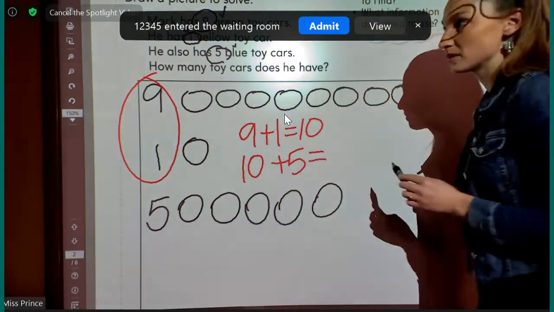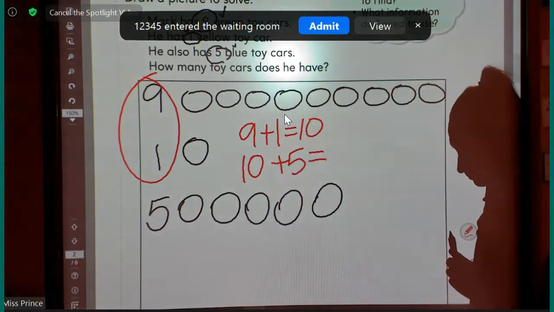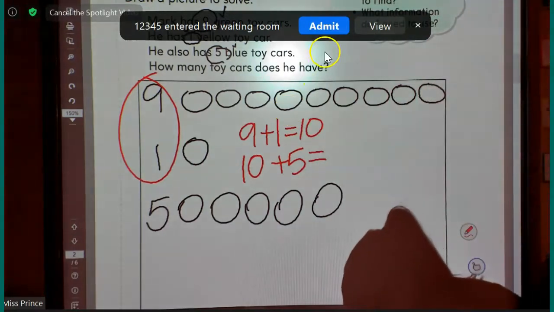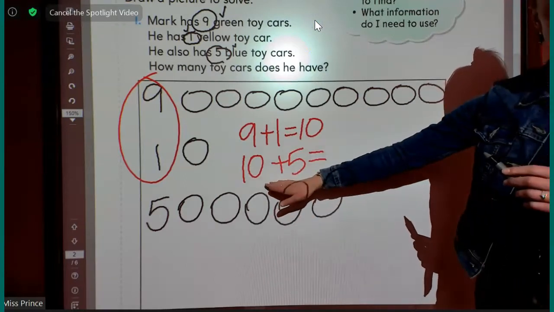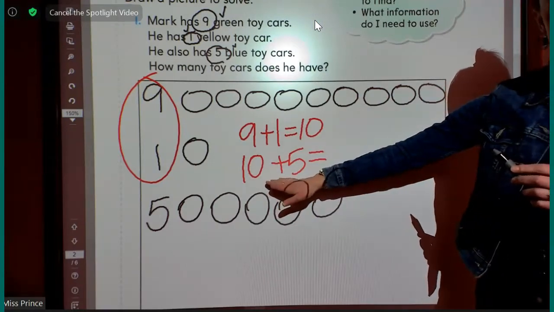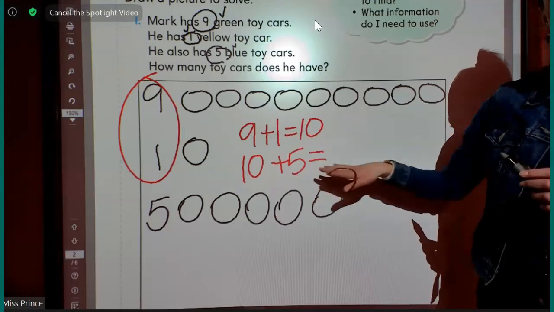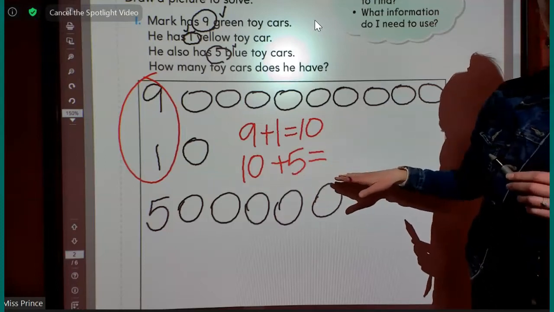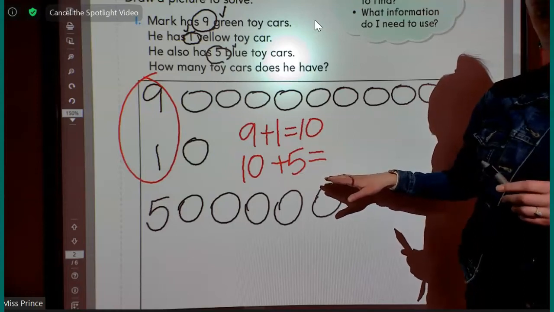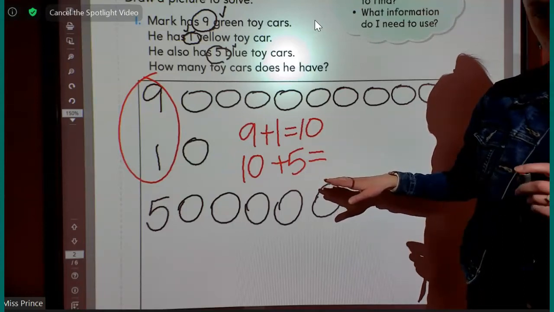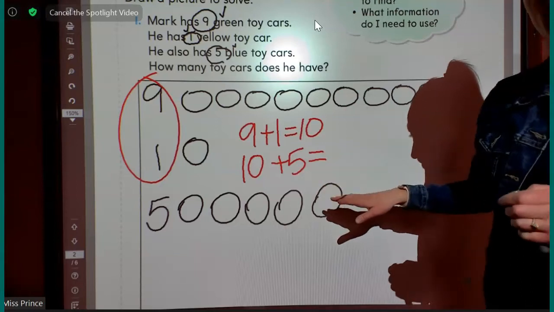Aaron, do you know what 10 plus 5 is? She asked you a question. Yes. 10 plus 5 is 15.